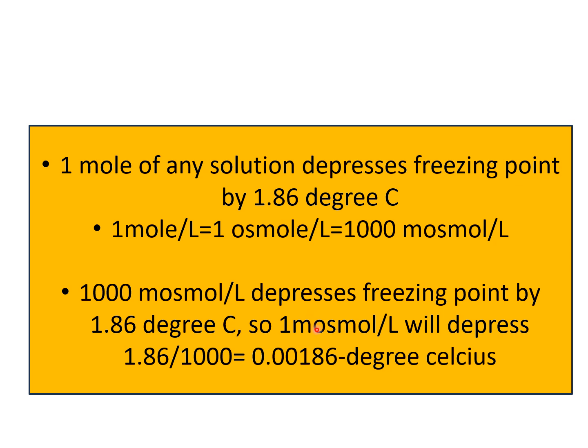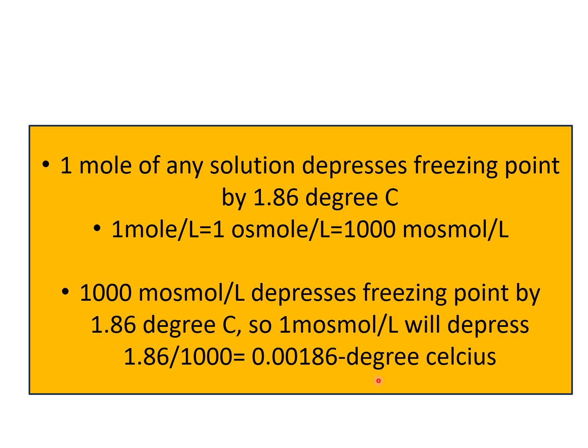So 1 milliosmole per liter will depress the freezing point by 1.86 divided by 1000, that is 0.00186 degrees Celsius. So we can say that the number of milliosmoles per liter in a solution equals the freezing point depression divided by 0.00186 degrees Celsius. So that will give us the osmolarity.